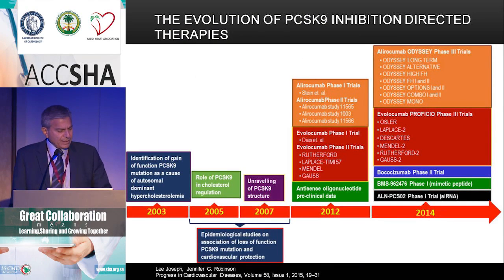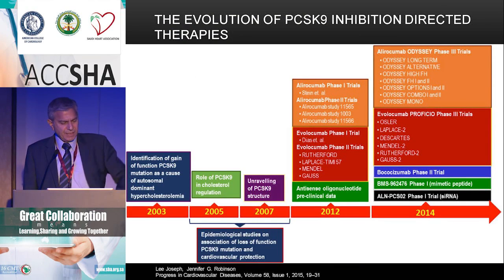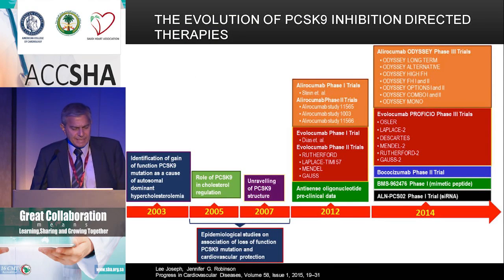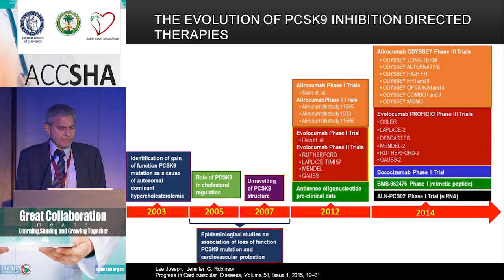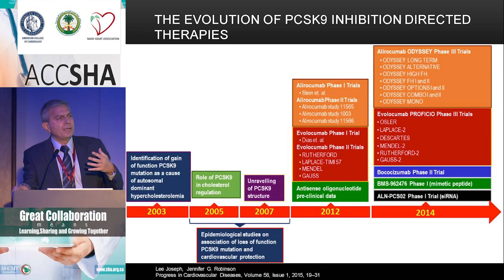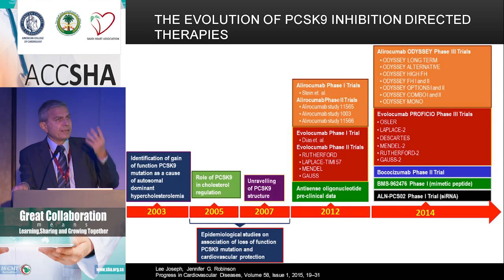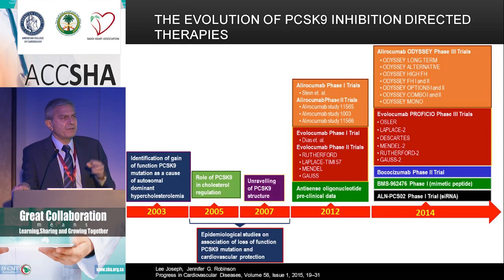So now let me tell you a couple of words to shift gears on the PCSK9 inhibitors. Now, the PCSK9 inhibitors have become a little bit more interesting because of their data. But first of all, let's understand what they do.